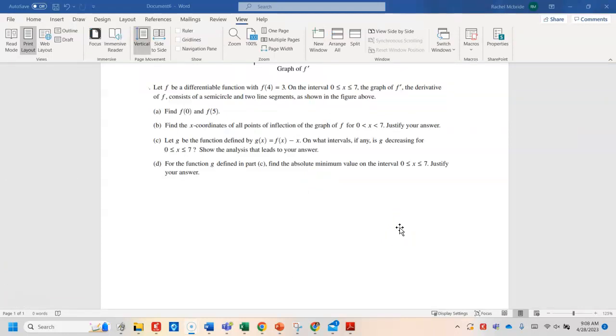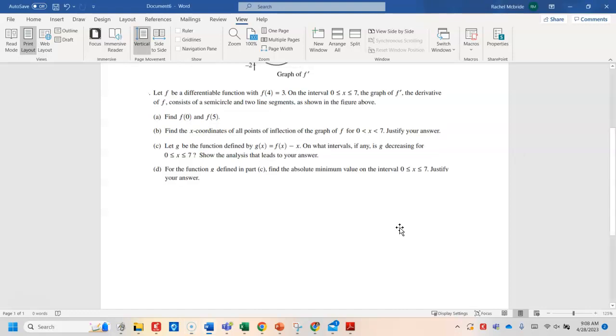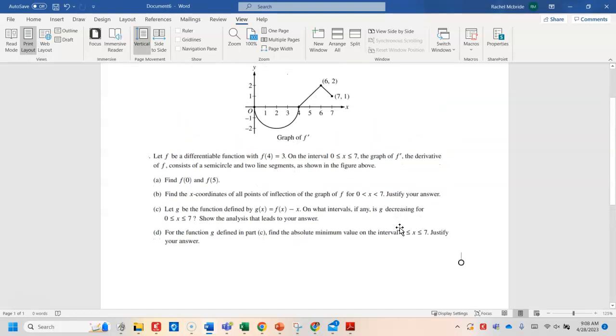So that differentiability aspect tells me that this is continuous. I am also given in this case an initial condition because we are told that f of 4 is equal to 3 and I'm given f prime. So that f of 4 equal to 3 is my initial condition.